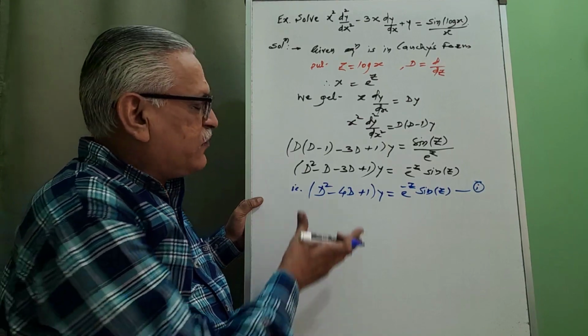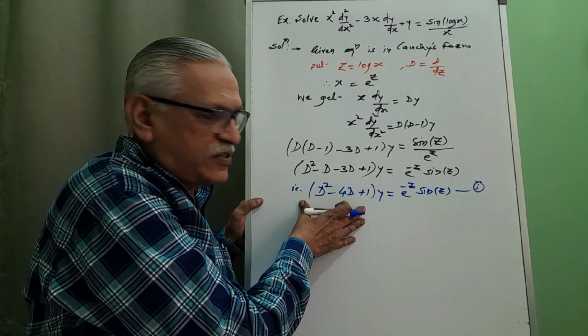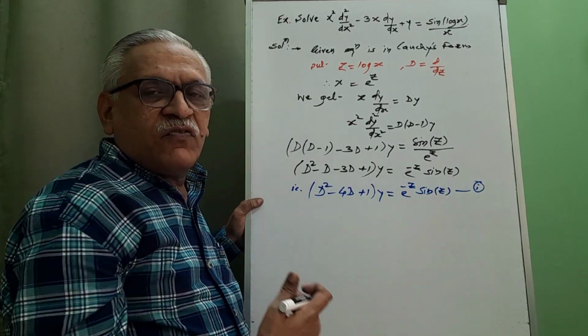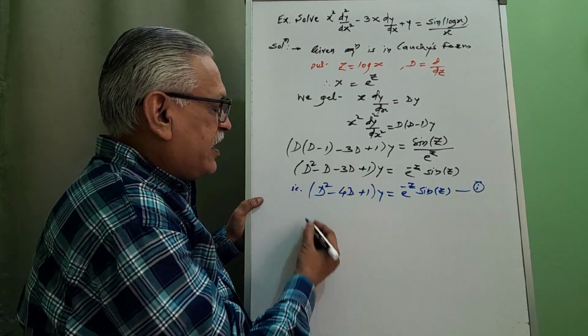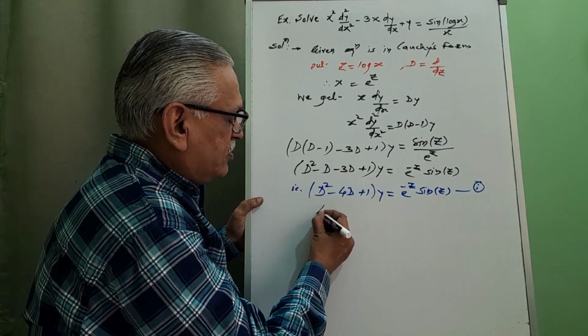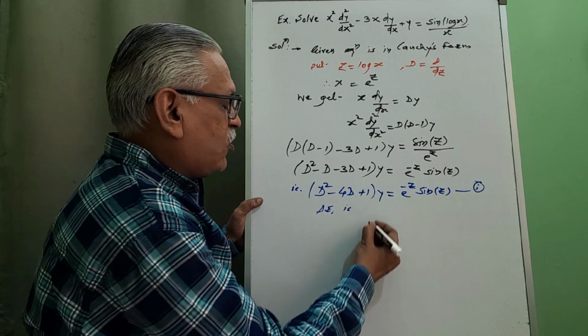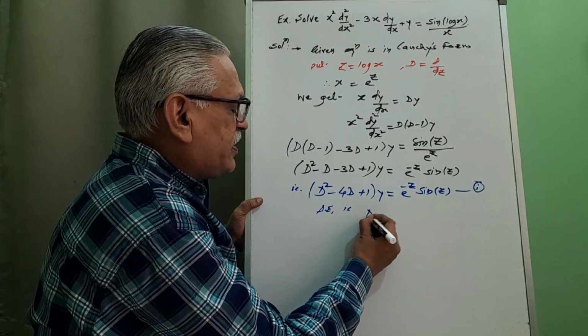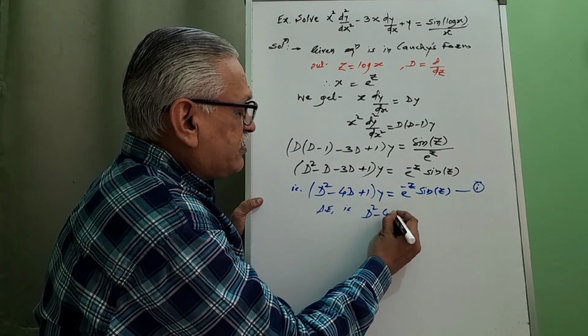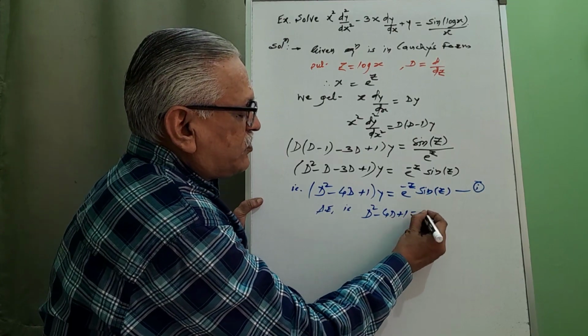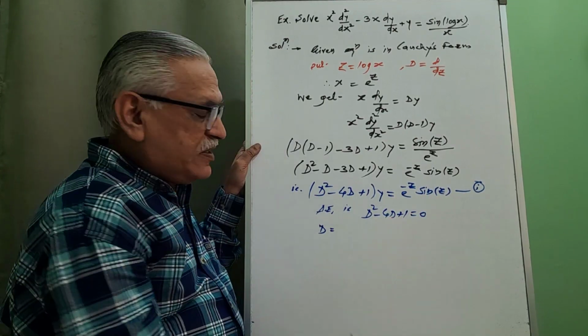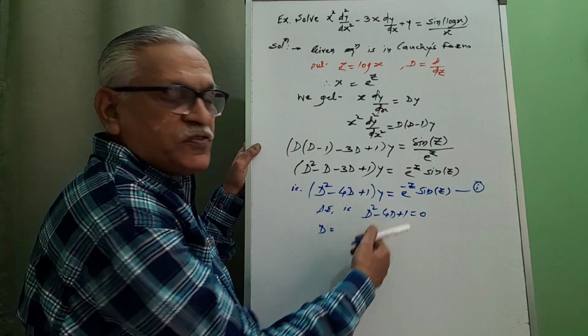In the first step, we try to find the complementary function part, and in the second part we find the PI part. For the CF part, the auxiliary equation is: put this polynomial in terms of D to 0, we get D square minus 4D plus 1 is equal to 0. Here a is 1, b is minus 4, c is 1.